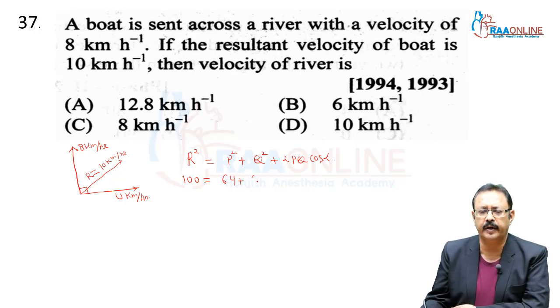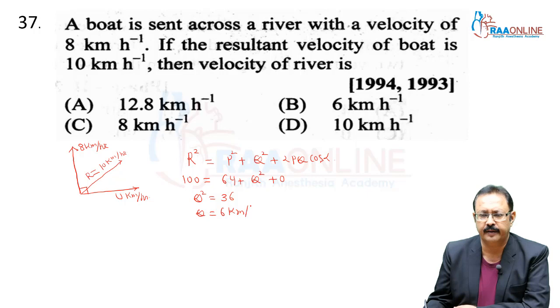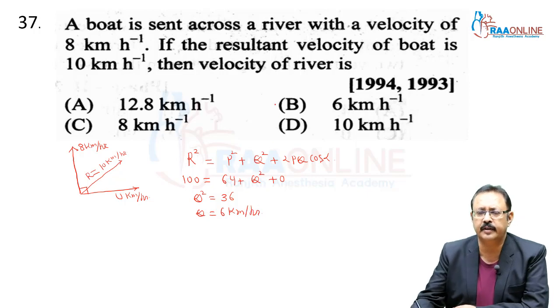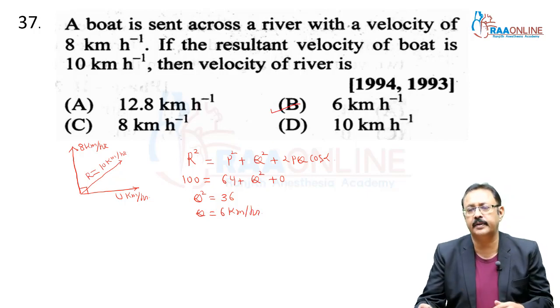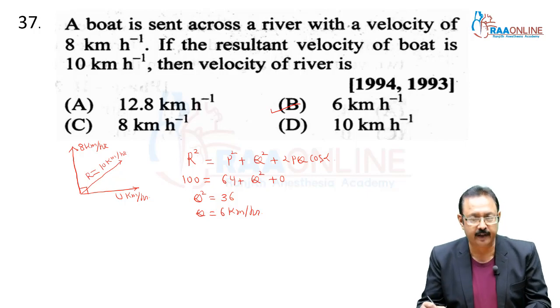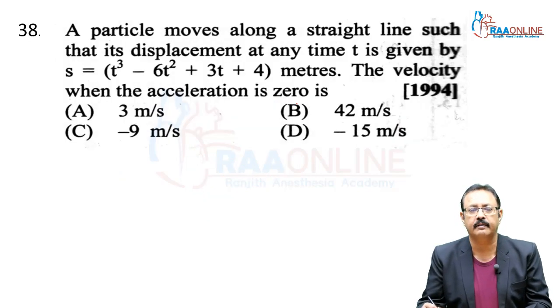We want to calculate Q. It is 0 because alpha is 90 degrees. So Q square means 100 minus 64, 36. So Q should be 6 kilometer per hour. So going with B. Two times they asked, 93 and continuation in 94.